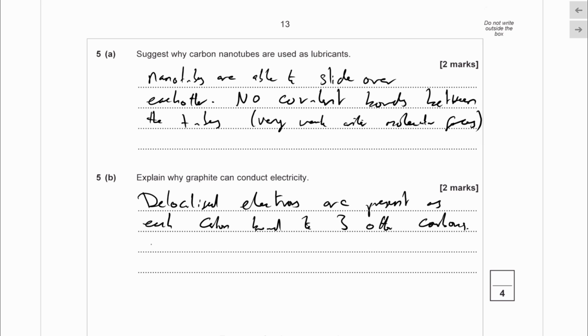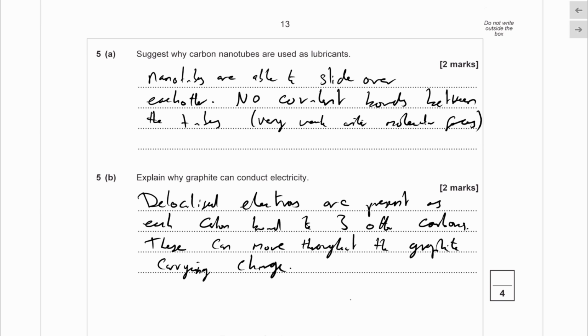And so these delocalized electrons, I'm just going to save time, can move throughout the graphite carrying charge. And carrying charge is conducting electricity. Okay, so that wasn't too much work. That is the end of question 5.